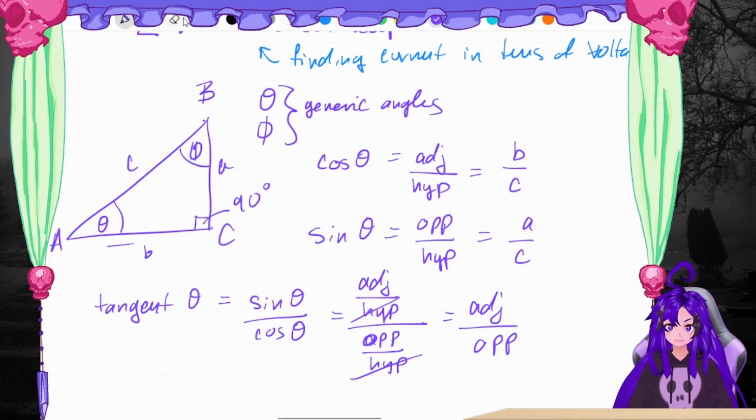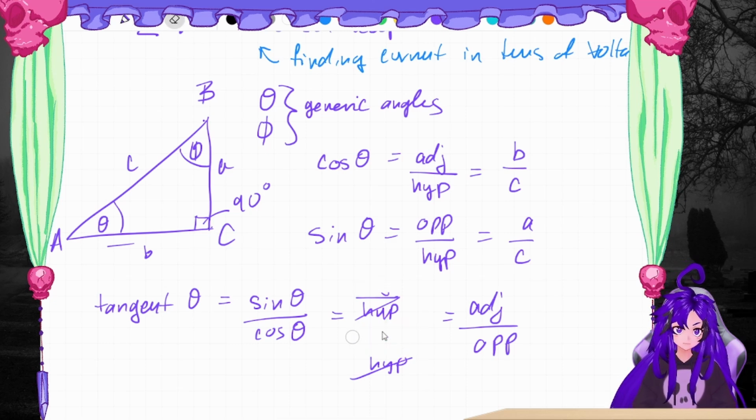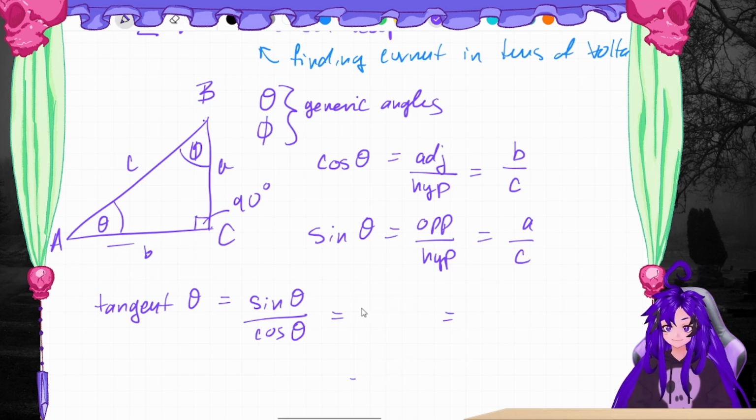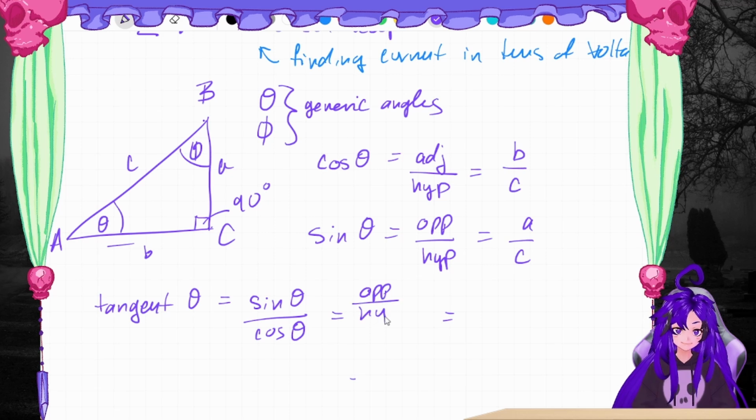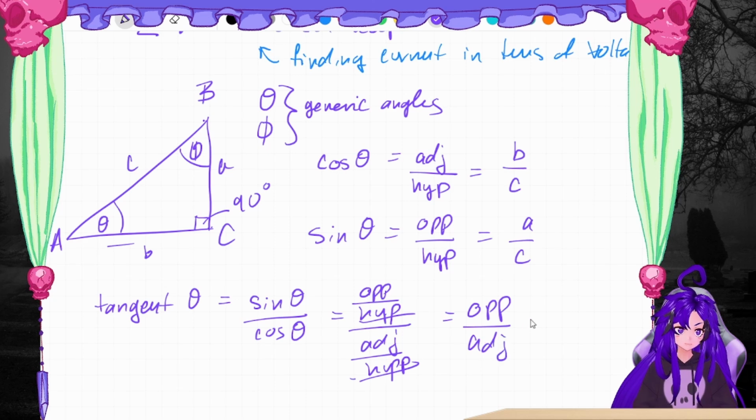I wrote this backwards. Sine is opposite over hypotenuse, and cosine is adjacent over hypotenuse. Still cancels. End up with opposite over adjacent, which is this guy, a, over this guy, b.